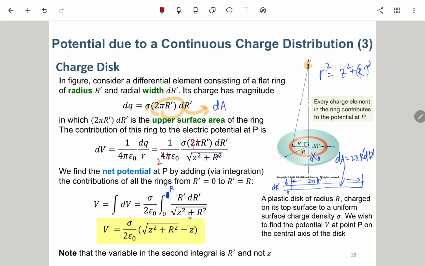Hopefully this integration is easier to work out because we can use the chain rule, which means that r prime dr prime will be d of (r prime squared plus z squared) over 2, something like that.